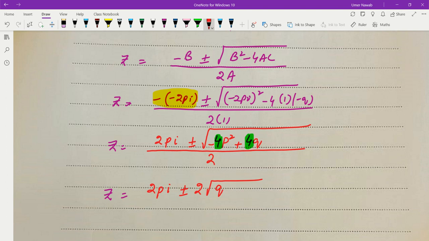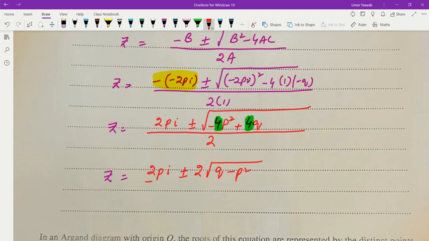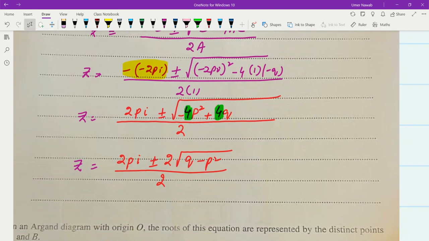Inside the bracket, I write q first and then p squared, so q minus p squared is the remaining thing in the bracket. Now we can factorize to cancel out the 2's. Finally, we will get p iota plus minus the square root of q minus p squared.